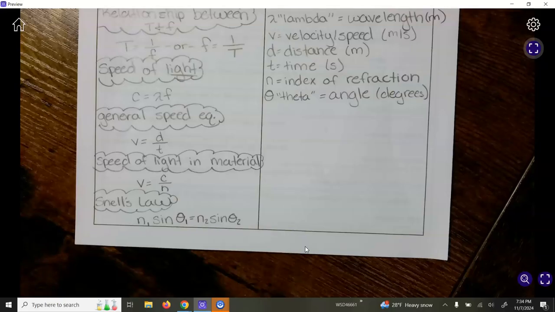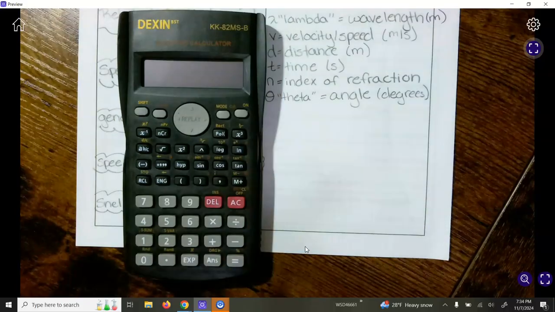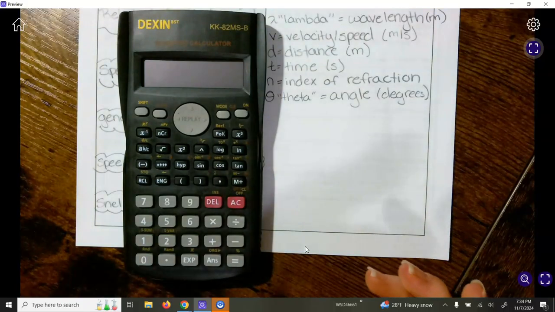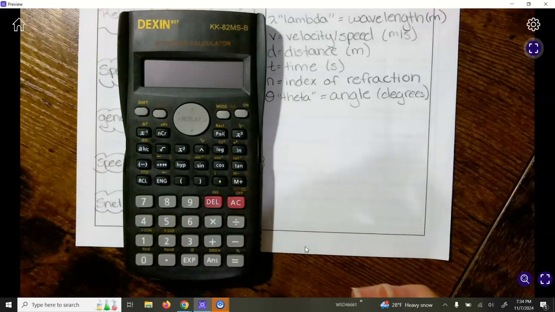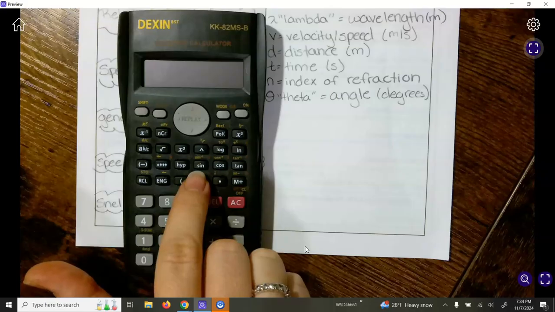Now, here's where these trig functions are, and I do not want you to feel overwhelmed by using trig functions. They're really not difficult at all. It's just like any other function, like x squared or square root. Our trig functions here on the class calculators are right here, and you're really only going to be using sine.